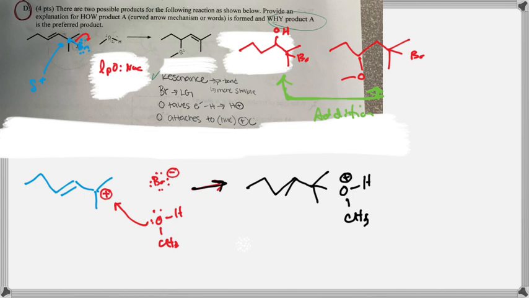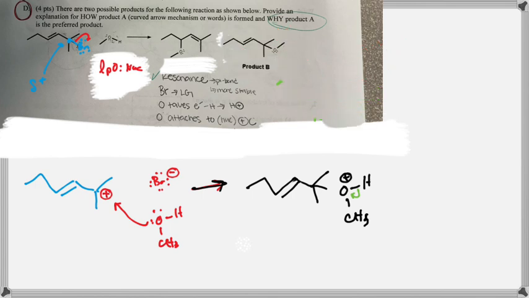The oxygen would be positively charged, does not want to be positive, so it would donate a hydrogen, and that would get us one of our products. That double bond is bothering me a little bit. And that's how product B is formed.